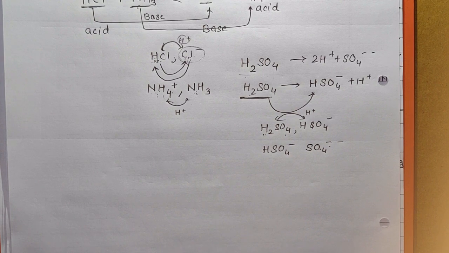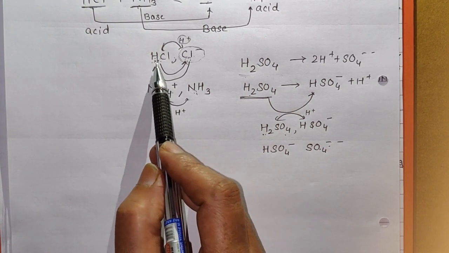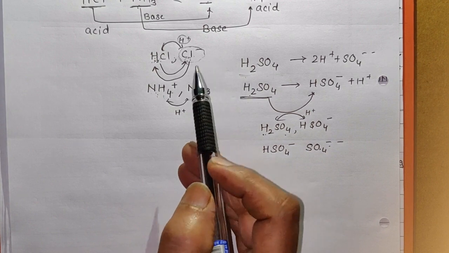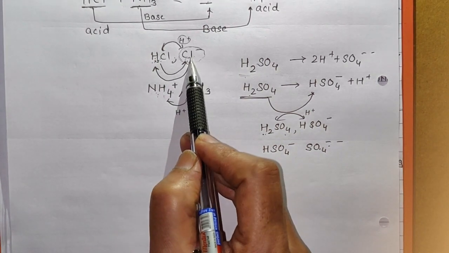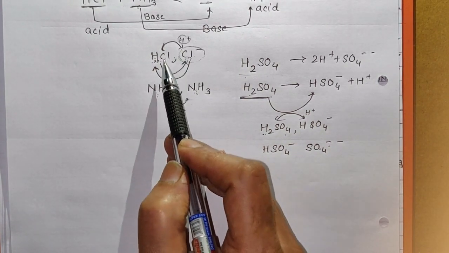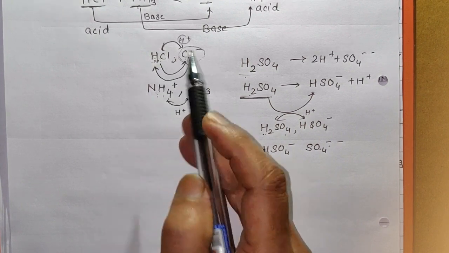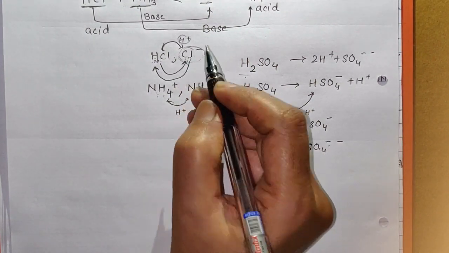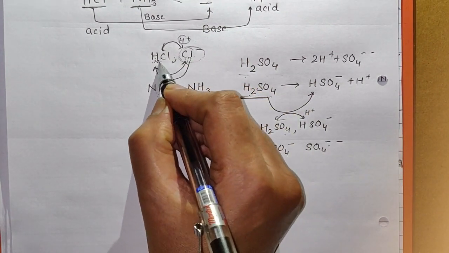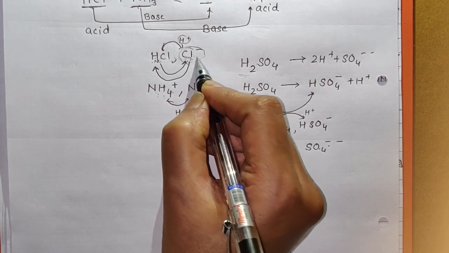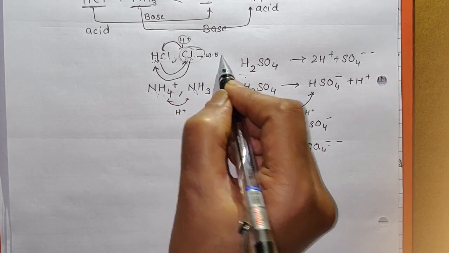Like this, again remember one point, you know that HCl is a strong acid. Its conjugate base is Cl minus. Remember, the conjugate base of a strong acid is a weak base. So if HCl is a strong acid, its conjugate base Cl minus is a weak base.